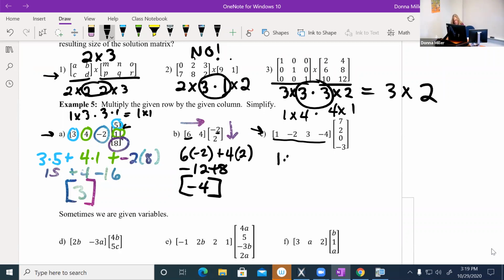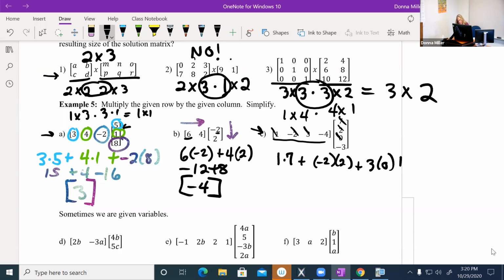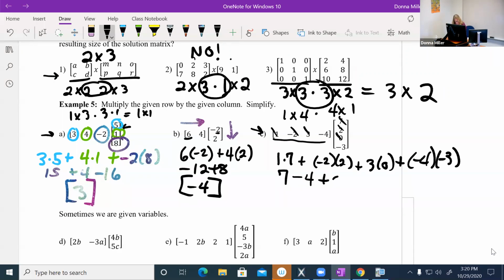So I'm going to do 1 times 7, plus -2 times 2, plus 3 times 0, plus -4 times -3. Okay, so we get 7 minus 4 plus 0 plus 12. I think that's going to end up being 15.